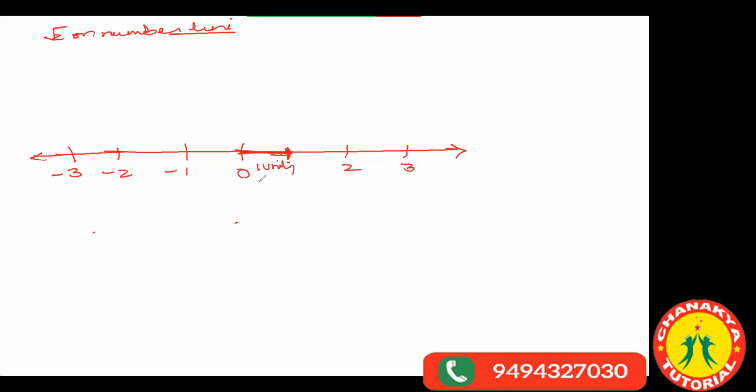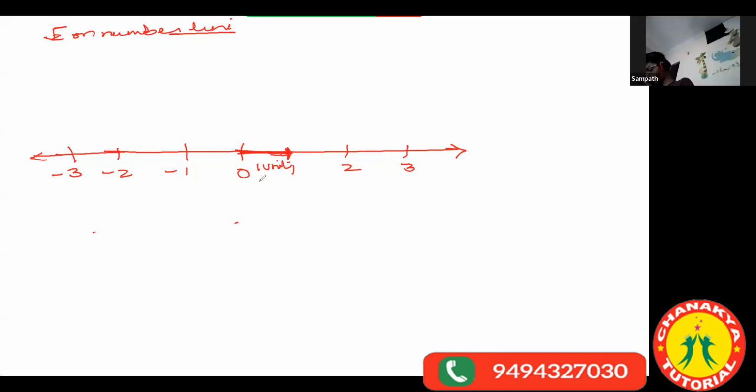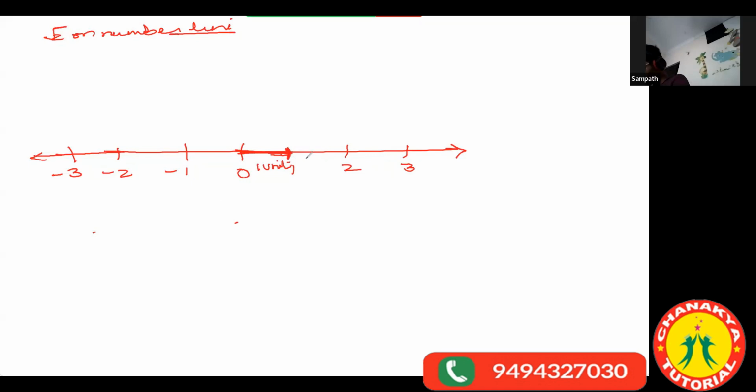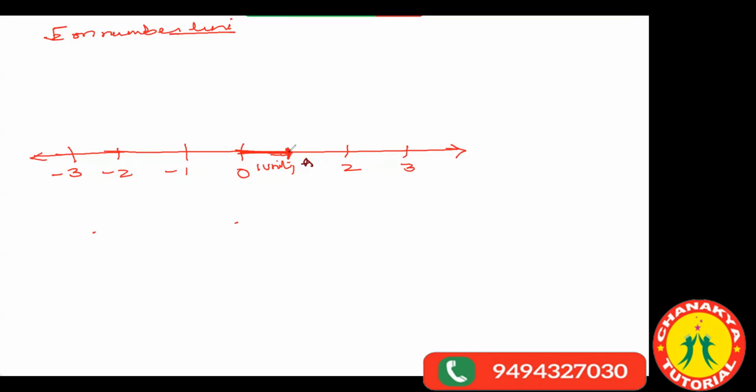And children, kindly unmute yourself, all of you, so that you can reply to me. Yes, ma'am. All have drawn? Yes, ma'am. And mark this point as A. Yukta drawn? Yes, ma'am. Okay.